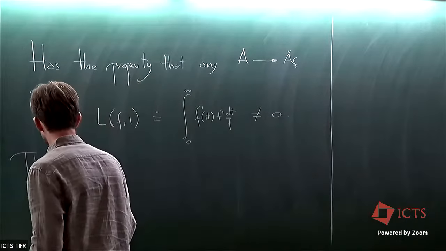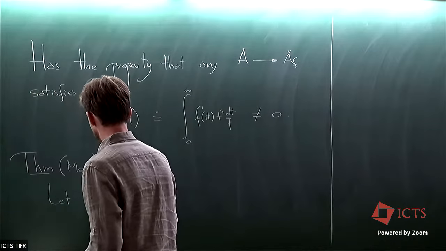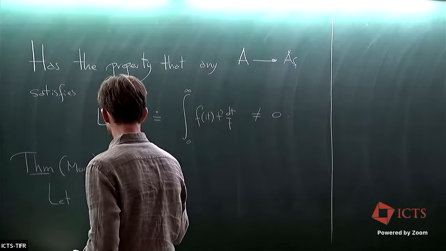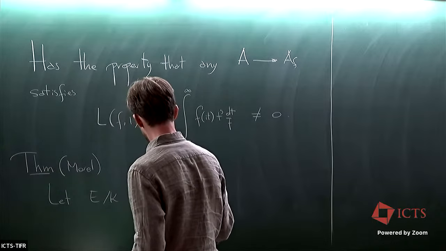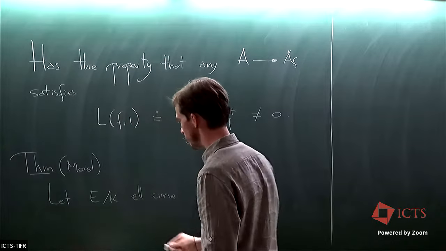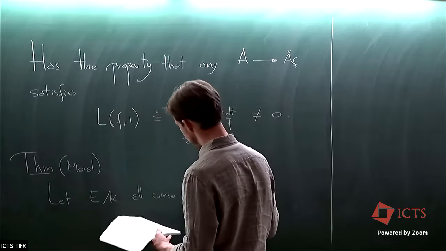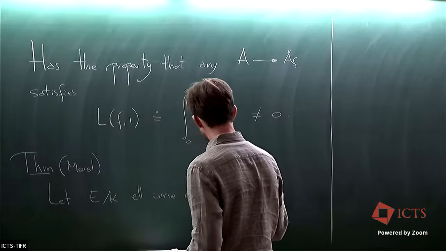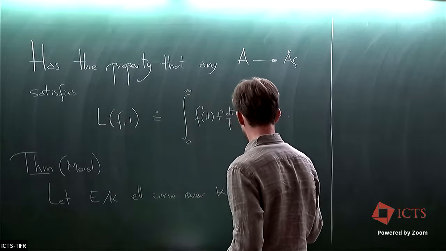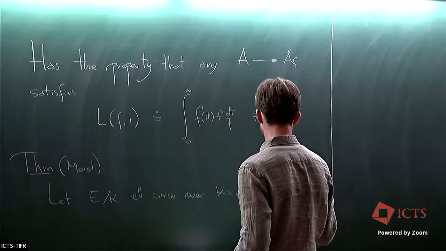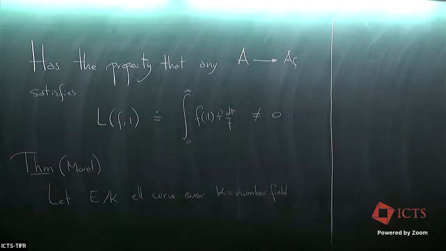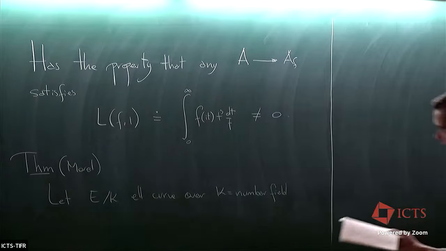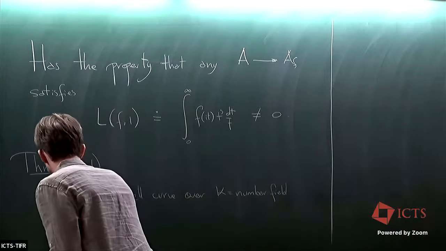He proved the following spectacular result using this conclusion: whenever E over K is an elliptic curve, and don't confuse this K with the K that's been floating around throughout this lecture, K here is any number field at all. The quadratic case had already appeared in Kamienny and Mazur, but for any number field at all, Merel proves the following.